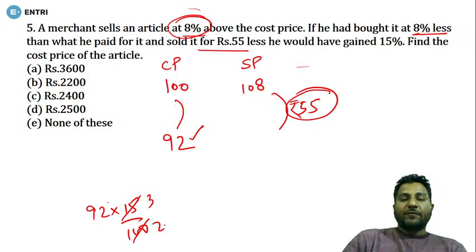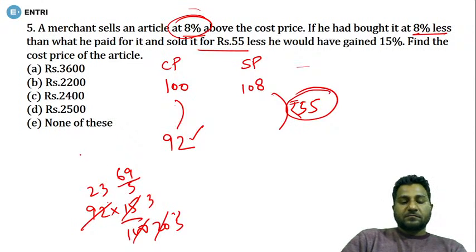So 92 and 15% would be like what? 5 threes are 15, 5 twos are 10, 4 fives are 20, 4 nines are 36. So 69 divided by 5. So tell me the answer of this question. Come on, guys. 5 ones are 5, 5 threes are 15, and 5 eights are 40.